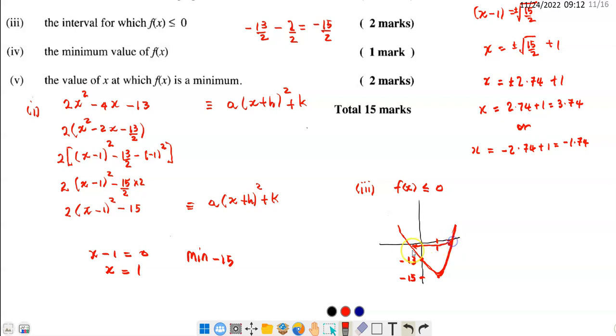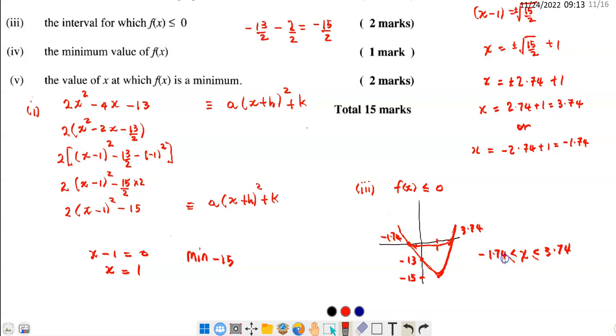So whatever value here at the x-axis, we know that it's 3.74, and we know that that's minus 1.74, so it means that x would be less than or equal to 3.74 and greater than or equal to minus 1.74.